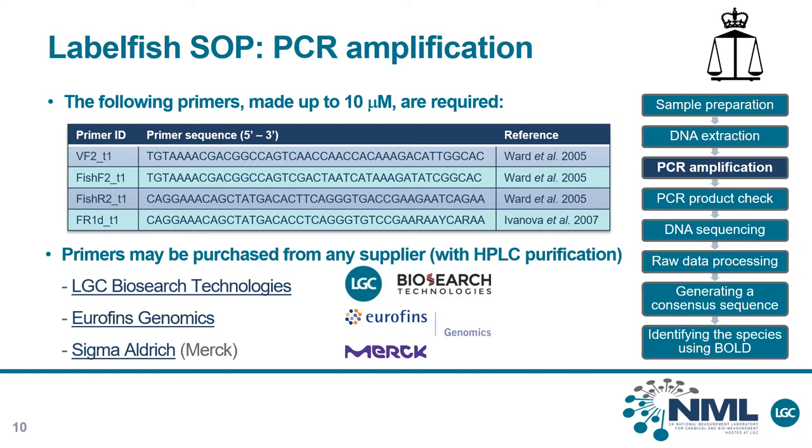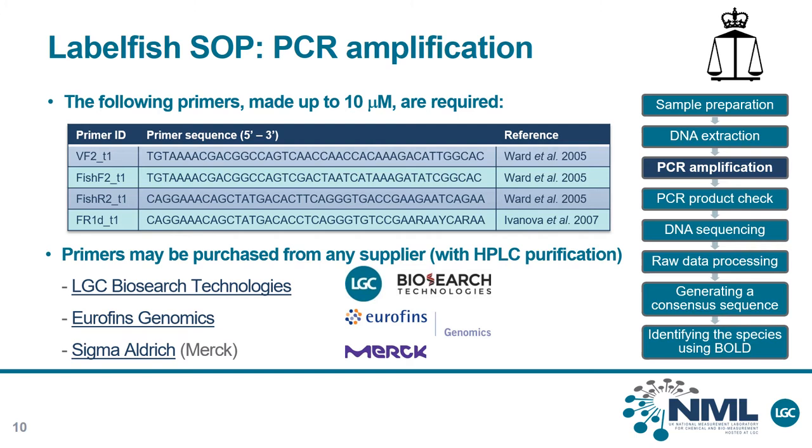When the primers arrive, they should be made up to a concentration of 10 micromolar. For the reaction mix, it is recommended to prepare a mix for all reactions with a 10% excess. The Labelfish SOP specifies the use of Biotaq polymerase, which arrives with reaction buffer and magnesium chloride.